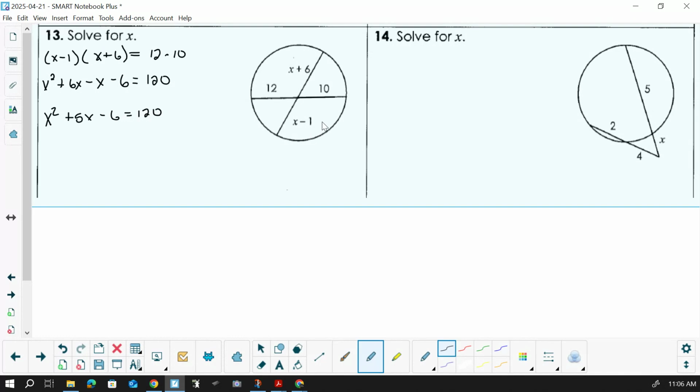Okay. Now to solve, this is called a quadratic equation. We have to set it equal to 0. So I'm going to subtract 120 from both sides of this equation. Minus 120. So we get x squared plus 5x minus 126 equals 0. Okay? Now we're going to factor this.